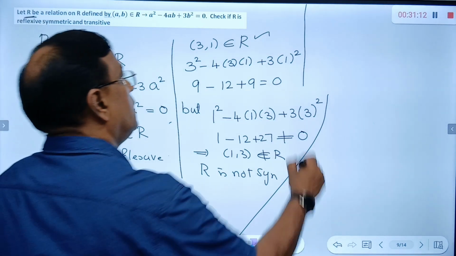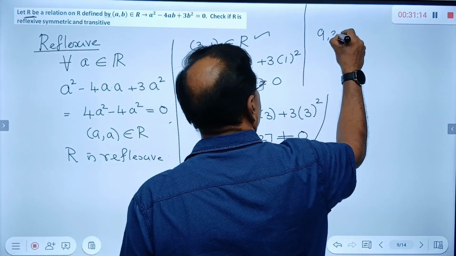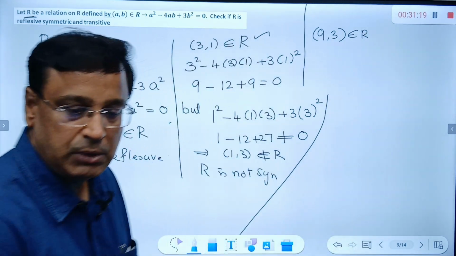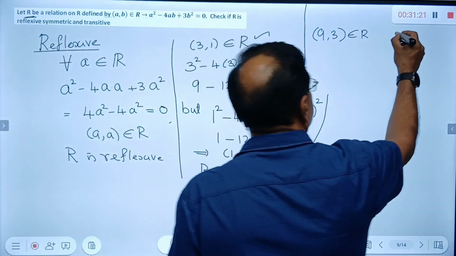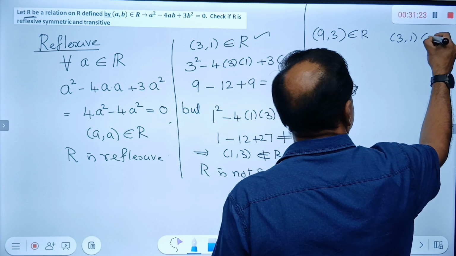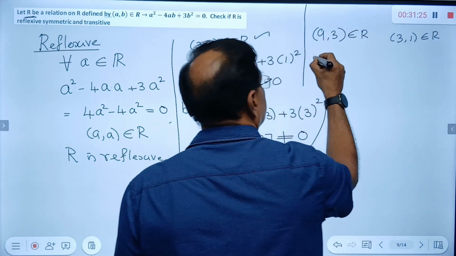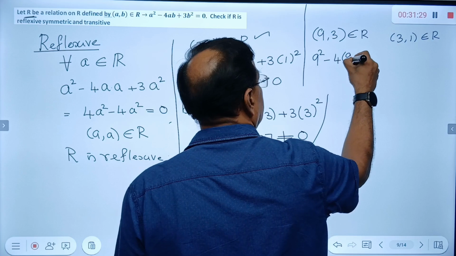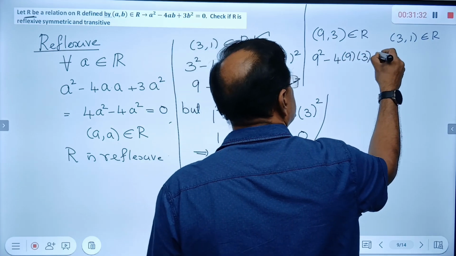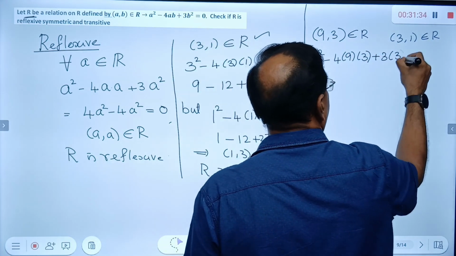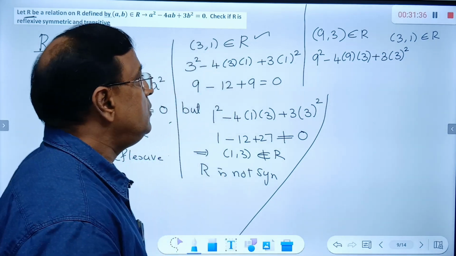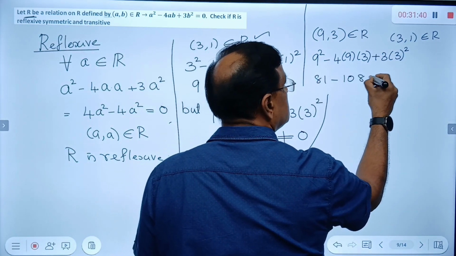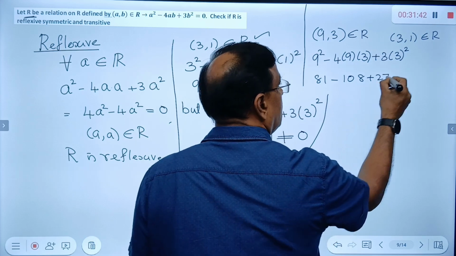I'll choose (9, 3) belongs to R and (3, 1) belongs to R. Obviously, 9² − 4·9·3 + 3·3² is 81 − 108 + 27, so obviously it is 0.